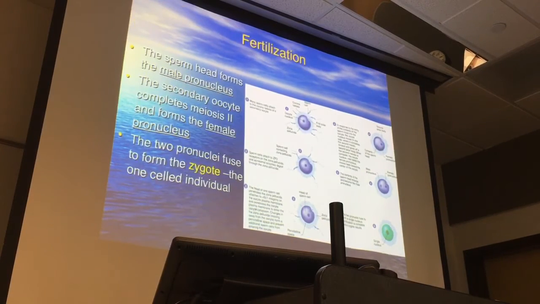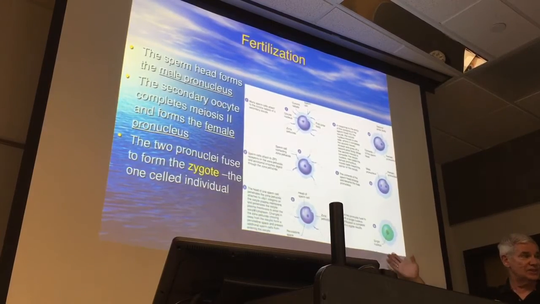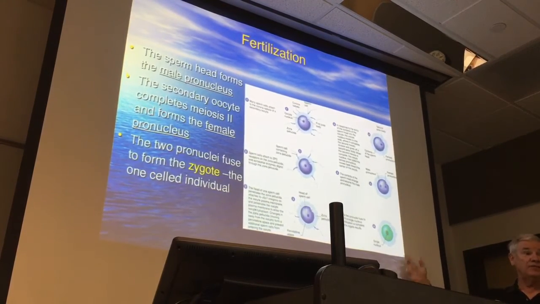Remember that the oocyte was hung up at metaphase 2 of meiosis. So the secondary oocyte is going to complete meiosis 2, form a second polar body, and form a female pronucleus. So we have a male pronucleus and a female pronucleus. They unite, and now we have the zygote, a fertilized egg, officially.